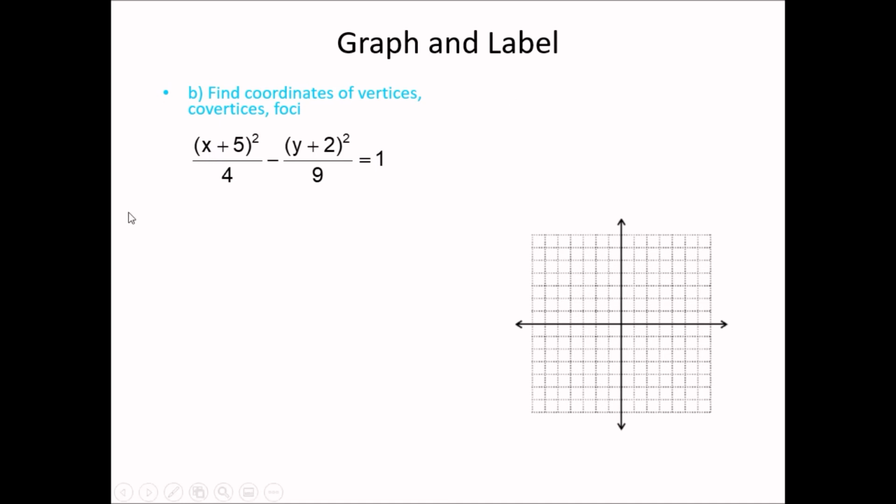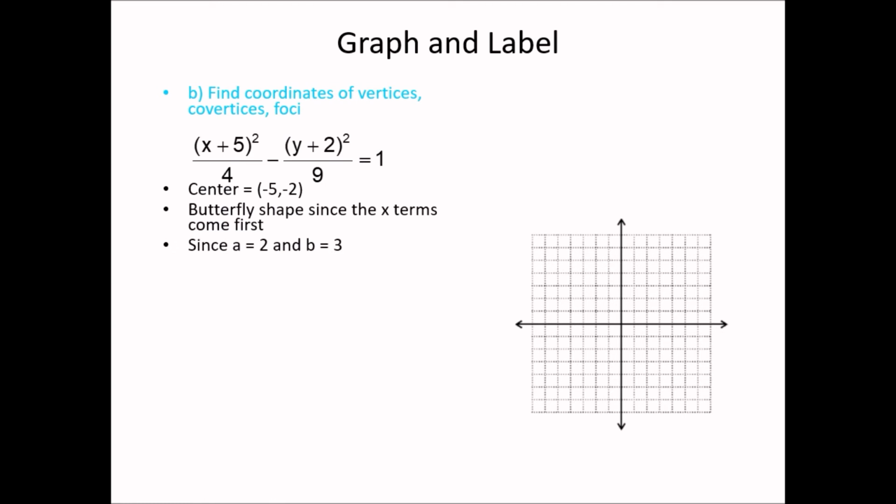Meaning, horizontal yung vertices. Since given na siya, using this equation, alam na natin agad yung center. So, yung center niya is -5 and -2. Ito siya. -5 and -2. And of course, alam na rin natin yung a and b. A natin is the square root of 4, which is 2. Square root of 9 is 3.